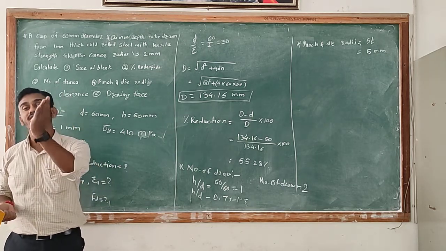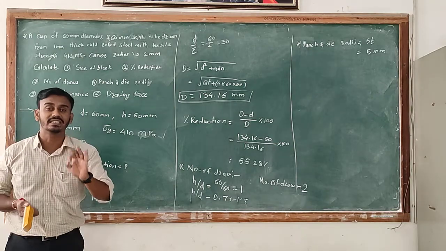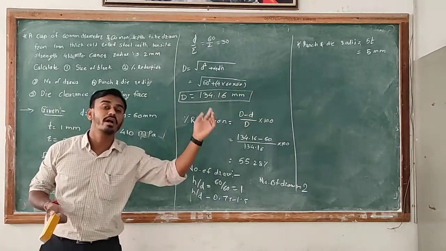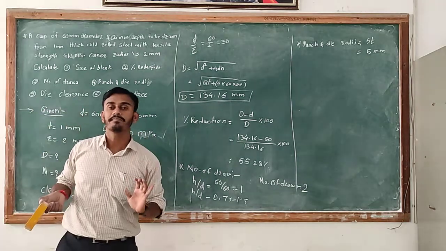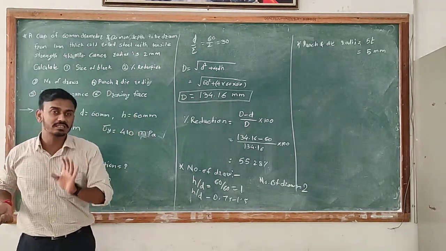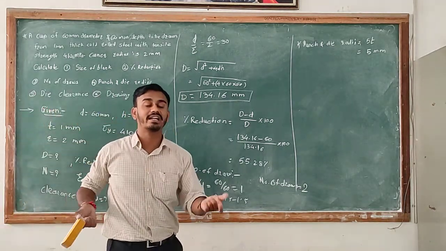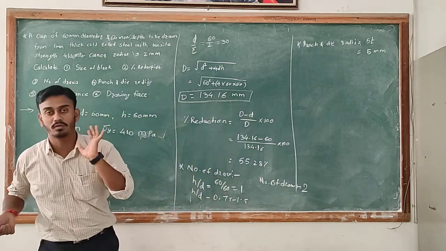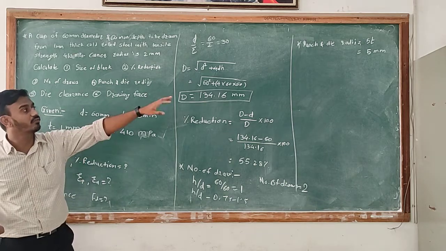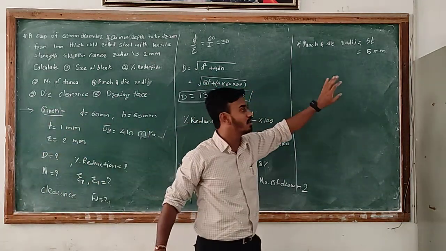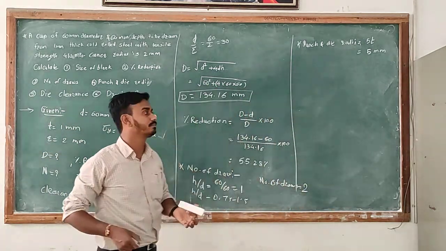And if we take this value greater than 10 times the thickness, then wrinkles will appear on the surface of the cup. For this purpose, this value should be taken between 4 to 10 times the thickness of the blank. Here we have taken 5 times, so it is equal to 5 mm.